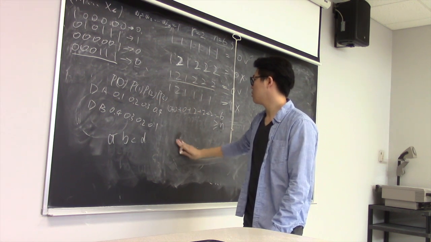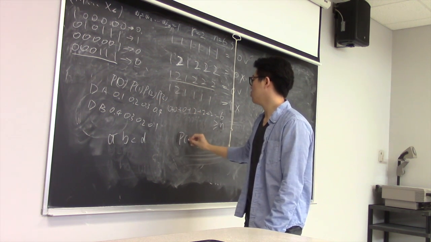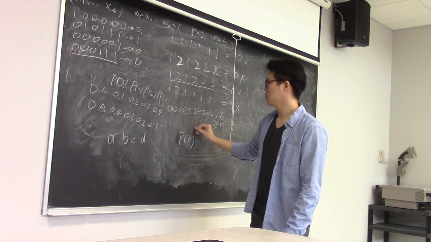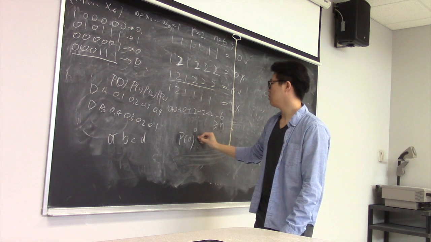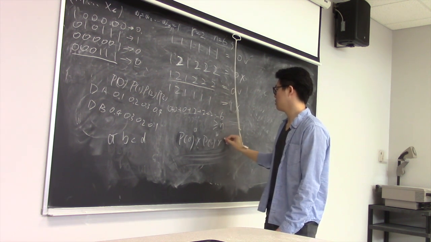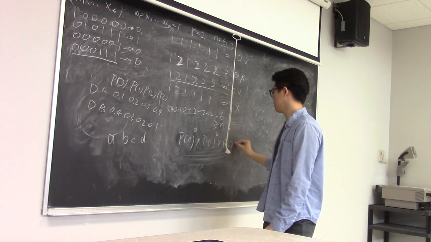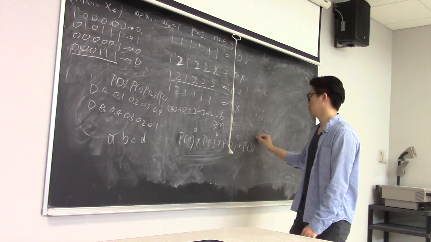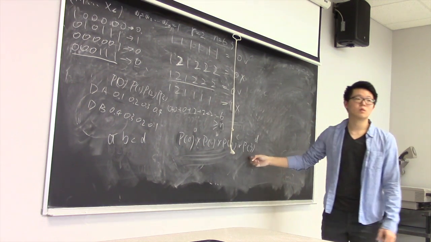Suppose we have A, B, C, D over here. Just take P0 to the power of A, multiply by P1 to the power of B. That's how we calculate our value.